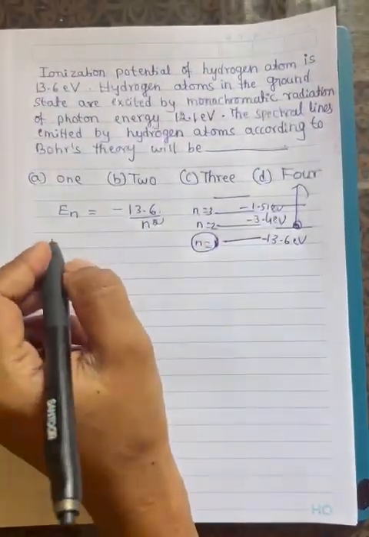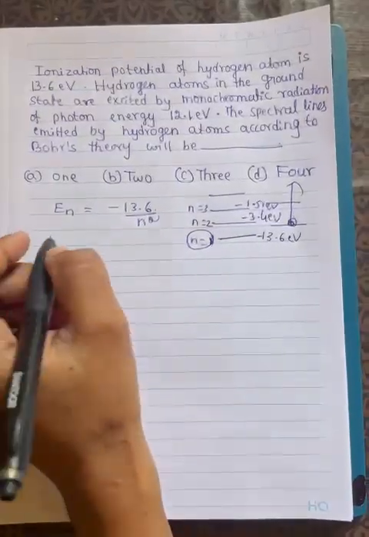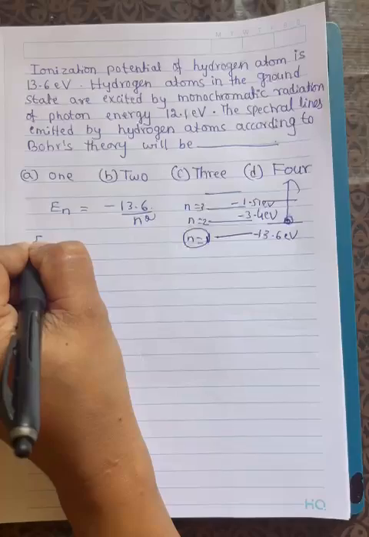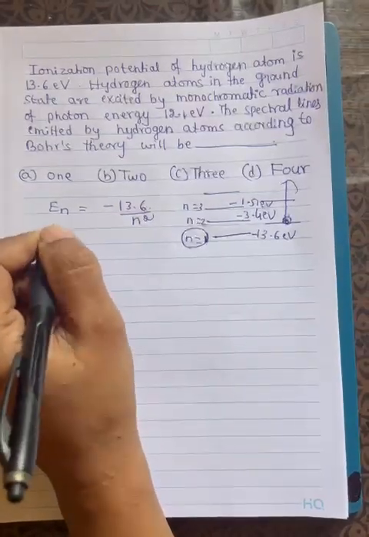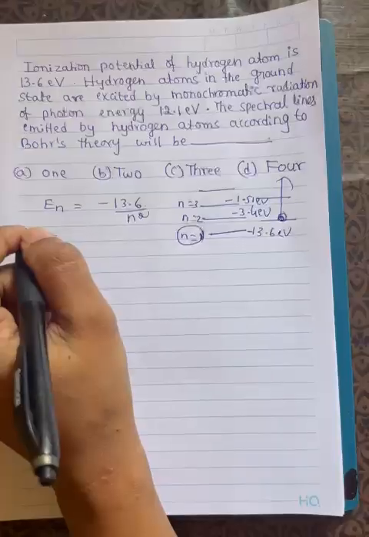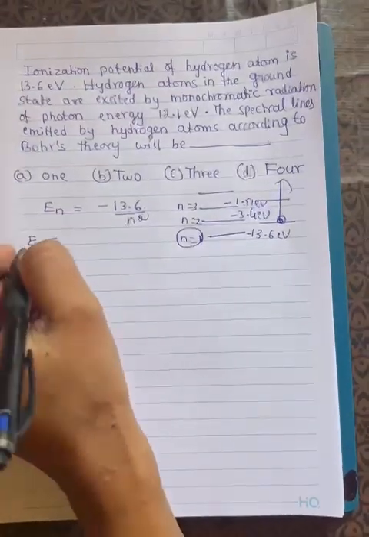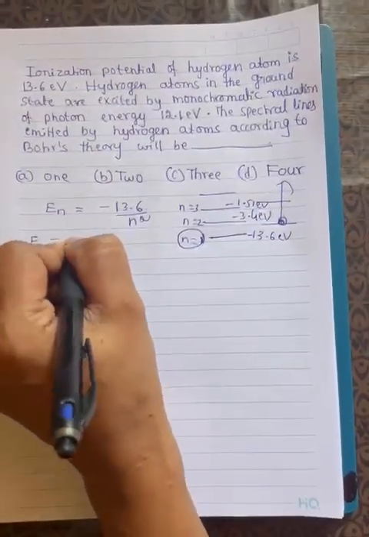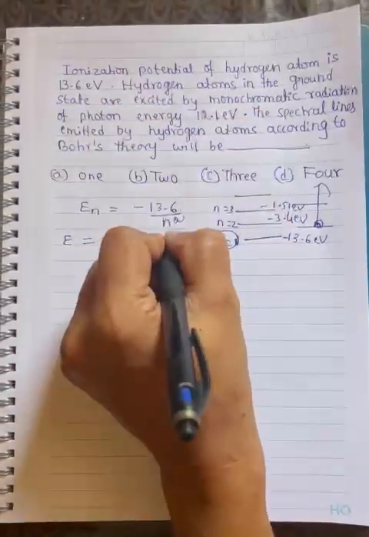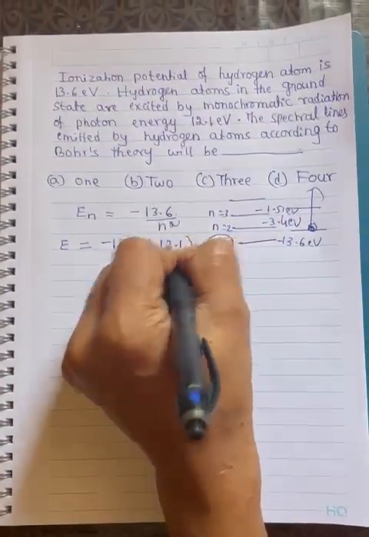So to calculate the number of spectral lines, let's take the total energy. The final energy E is equal to minus 13.6 plus 12.1 electron volt.